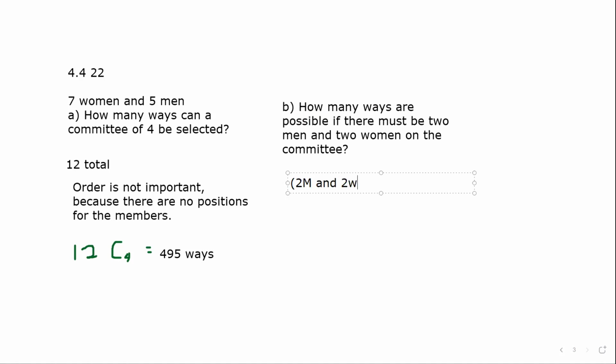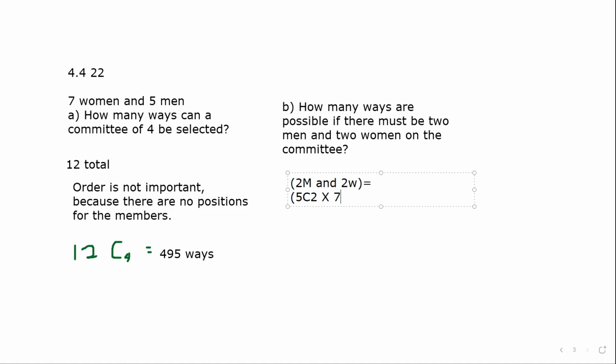So from the 5 men, 5 choose 2. You can do this in either order. 5 choose 2 times 7 choose 2.